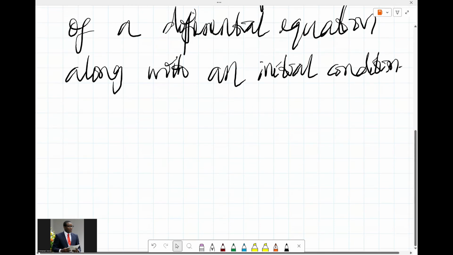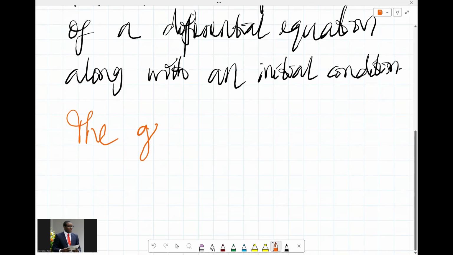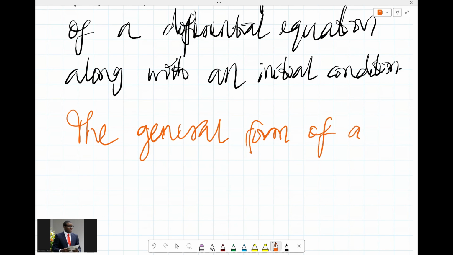The general form of a first order initial value problem, IVP, is this.